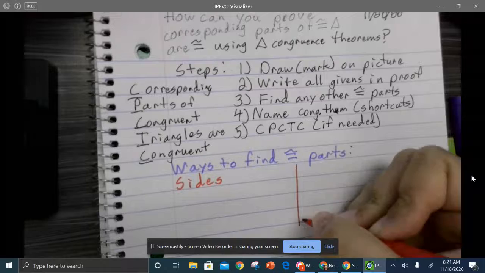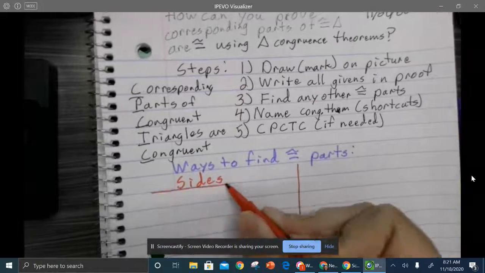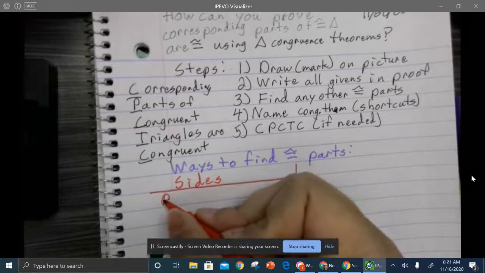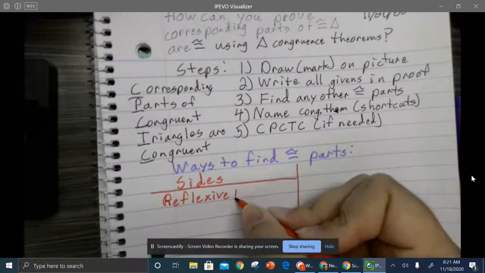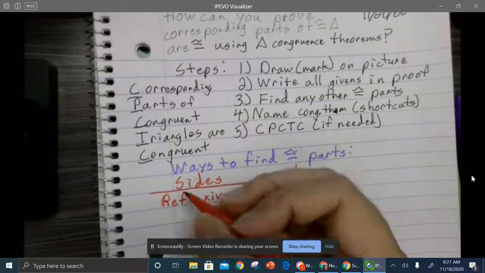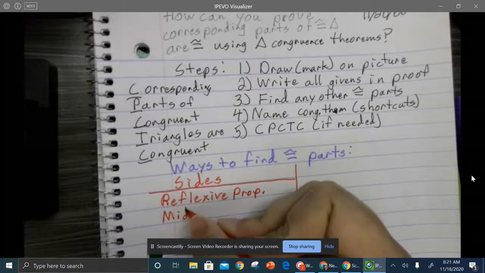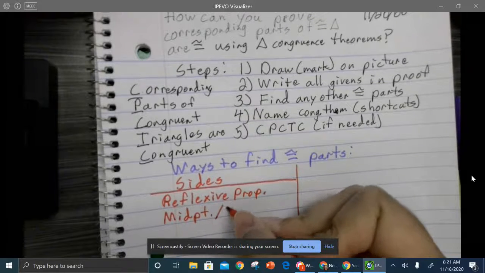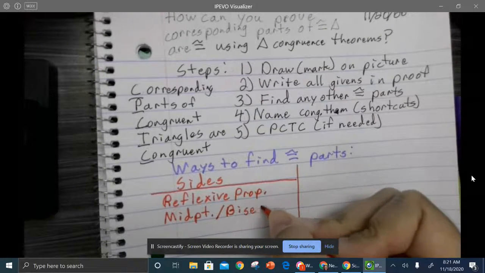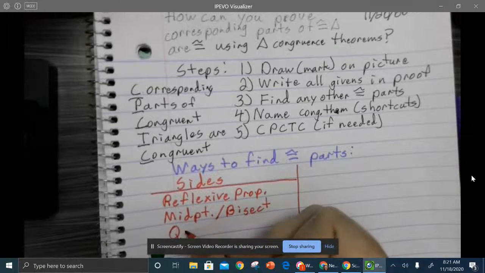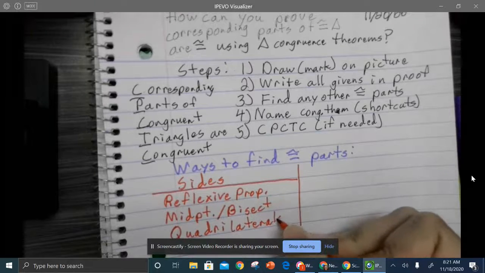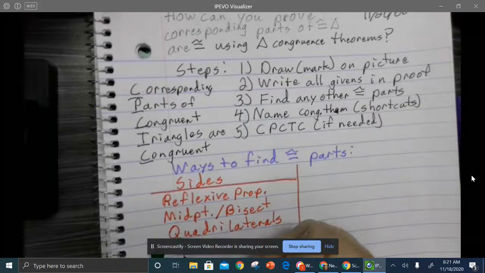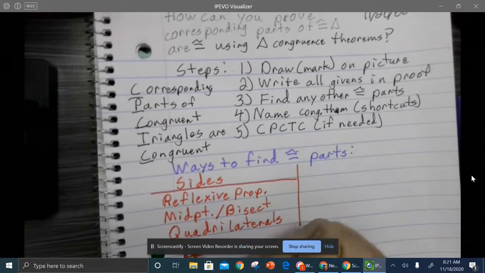For the sides, we can use the reflexive property. We can use the midpoint or the bisector. We also have our quadrilaterals. For squares, all the sides and all the angles are congruent. It's a regular polygon.